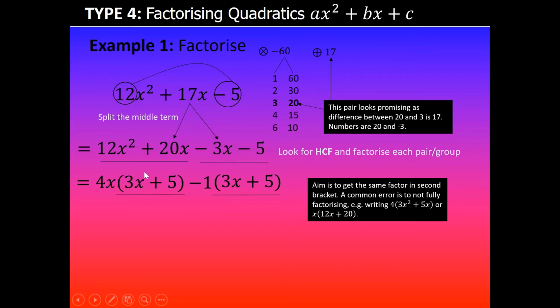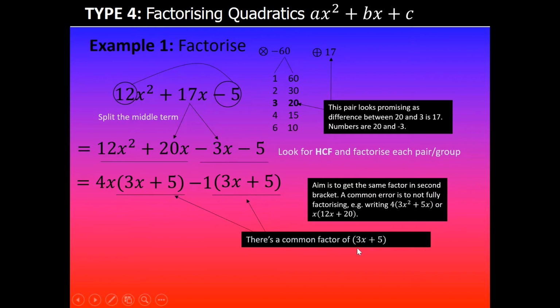So I've got 3x plus 5, 3x plus 5, so this is now common. Once I've got the common factor of 3x plus 5, I can put that in one bracket, and the remainder here is 4x take away 1, so that goes in the second bracket, and that's it, done. So the final answer is 3x plus 5, and in the other bracket it's 4x take away 1.